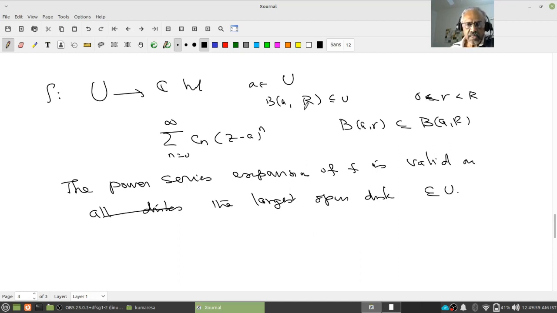I can choose R as large as possible, so that as long as B_R is contained in U, this power series expansion is valid on B_R.